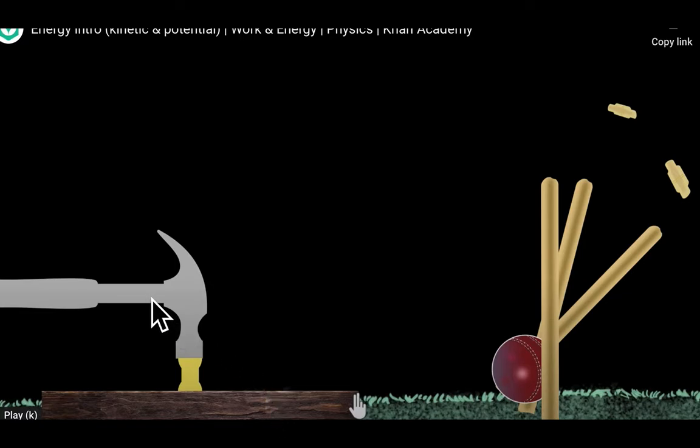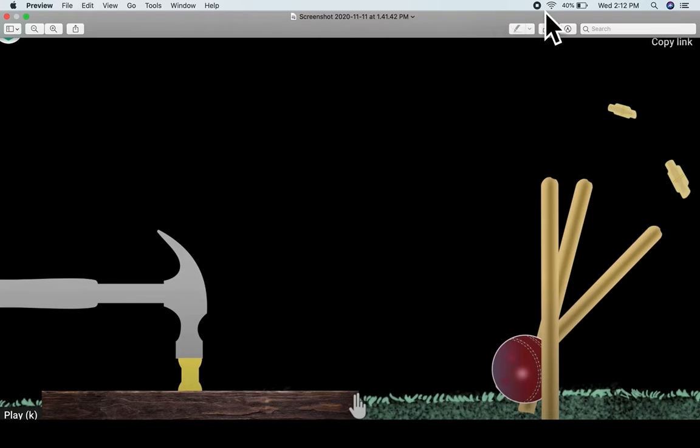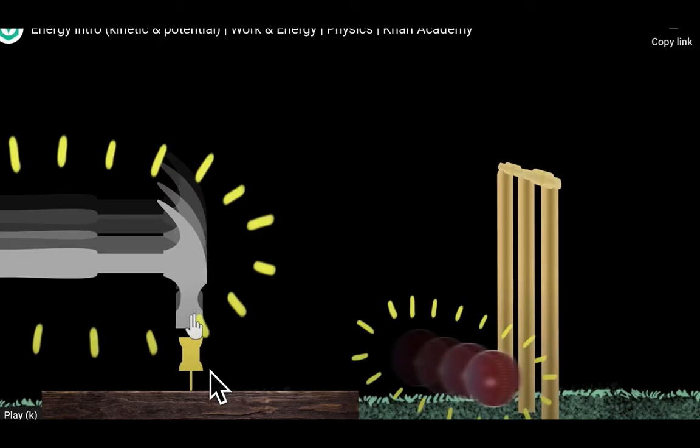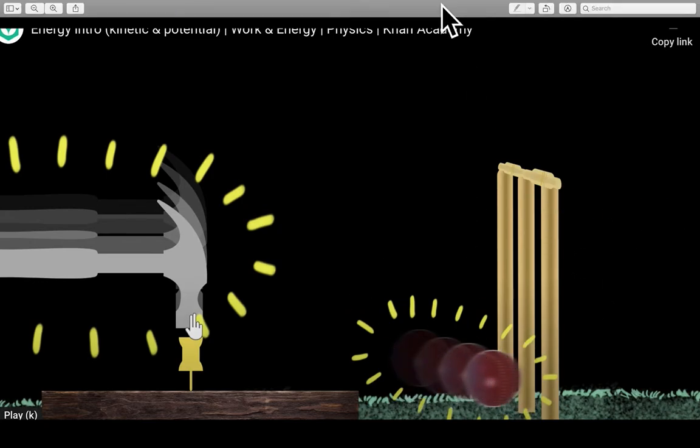That means this hammer and ball are doing some work. Means they possess energy. The hammer hits the pin and it goes inside. That moving hammer has some energy. A moving ball can hit the stumps, means the moving ball has some energy.